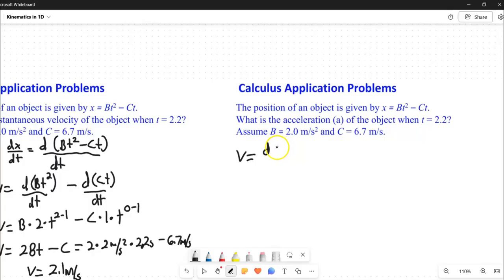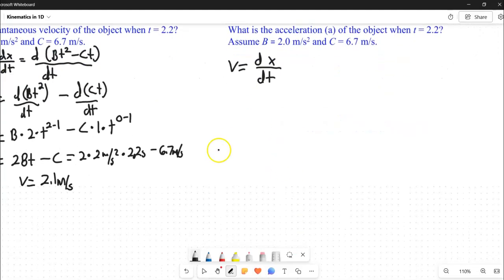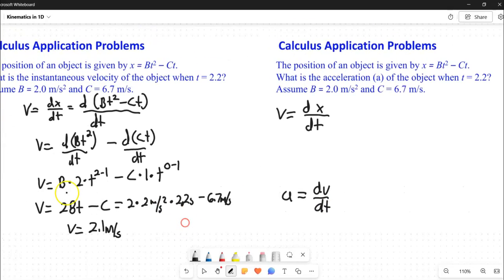We have to take the first derivative of this with respect to time, and then take the derivative of the velocity with respect to time. We just did this derivative and we got a velocity that was 2bt minus c. Well, now let's just do this again.